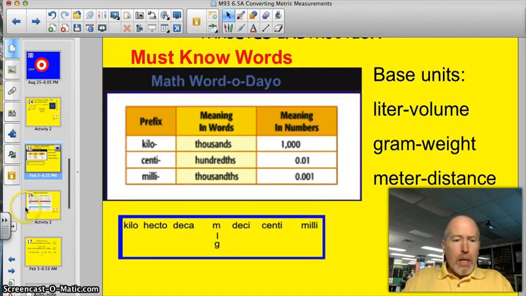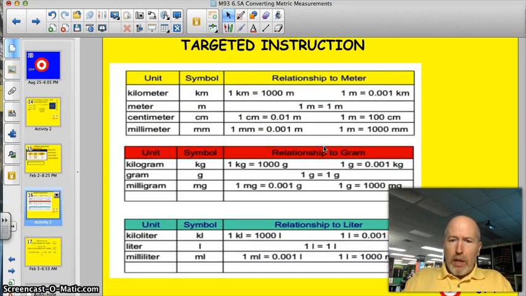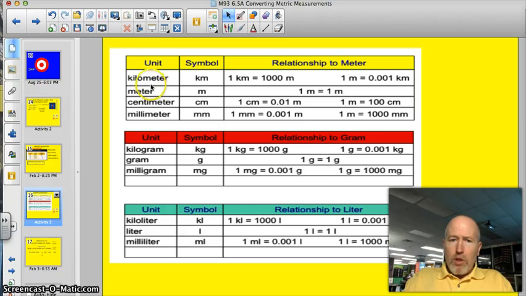All right. I also put together a little chart for you that you'll see throughout. It talks about a kilometer. There's the symbol for it, and it also shows that 1 kilometer is equal to 1,000 meters, and 1 meter equals 0.001 kilometers. So for each base unit, I've made one of these little charts. And I like this part over here, where it talks about what the relationship is to that base unit.